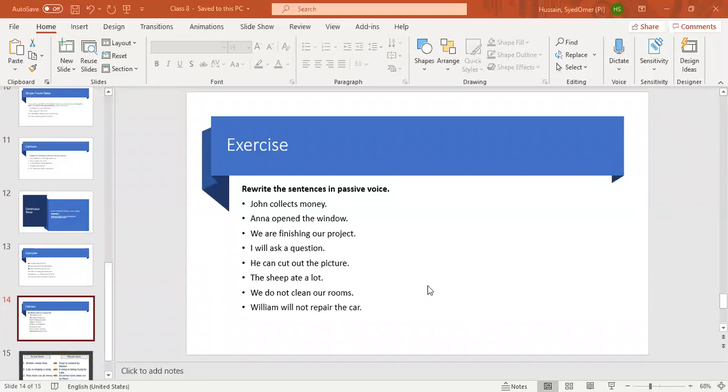The picture can be cutted by him. The third form of cut is cut. Cut, hit, shut: most of the verbs ending in T have the same three forms. The picture can be cut out by him. Good try. Good, Fatma. Next.